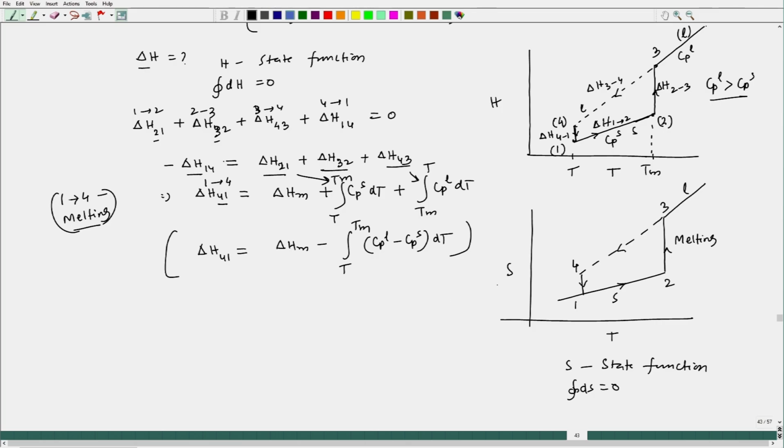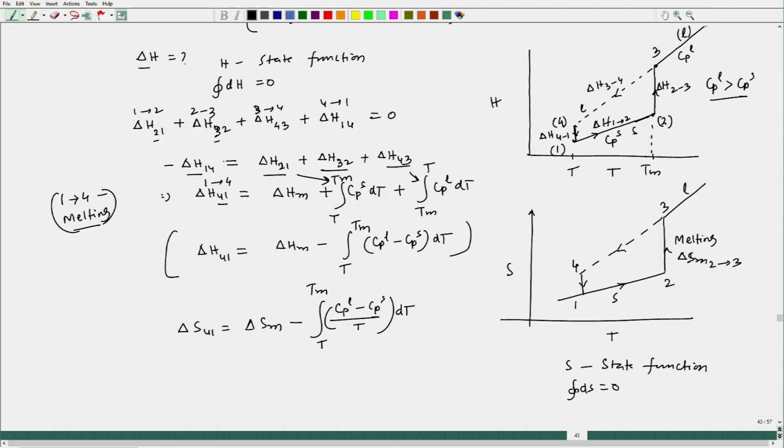So, I can write from here delta S 41 should be equal to delta Sm minus the integral from T to Tm of (Cpl minus Cps) by T dT.